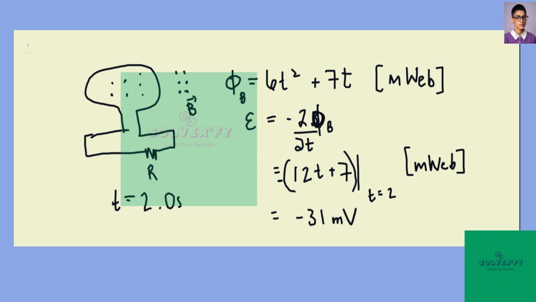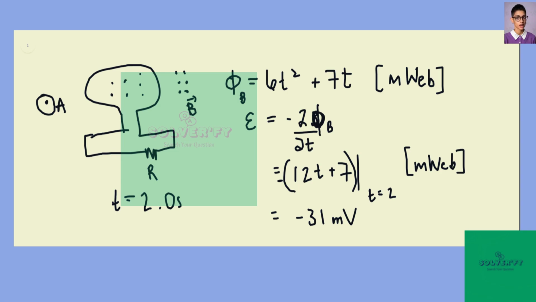let's kind of go back. So this B field was out of the page. For the flux to be positive, which it is, that means you can construct this area vector for the loop to also be out of the page. And so the convention is if the EMF is negative, then you put your thumb in the opposite direction of the area vector, and then your fingers curl around to give you the EMF.